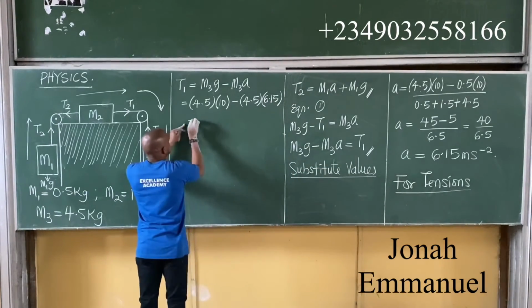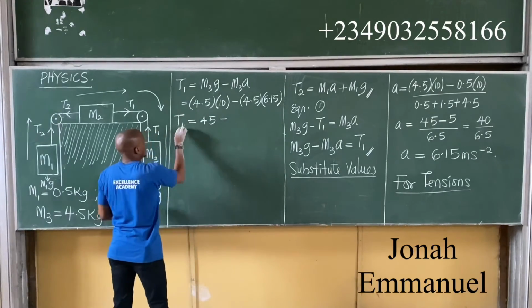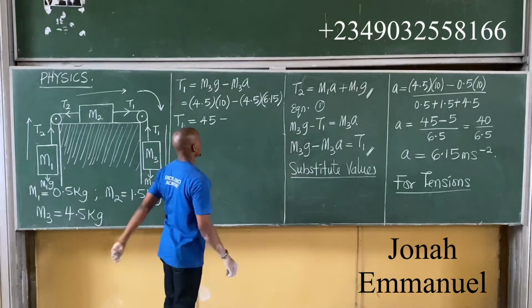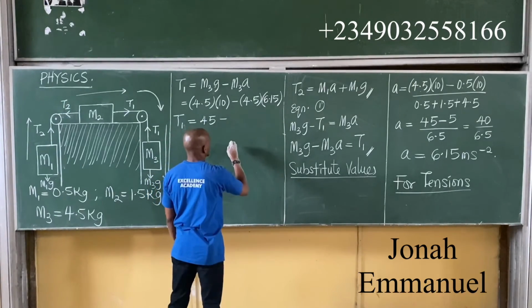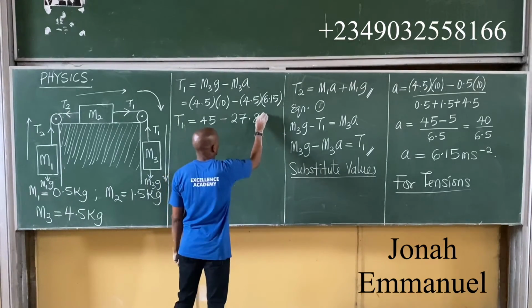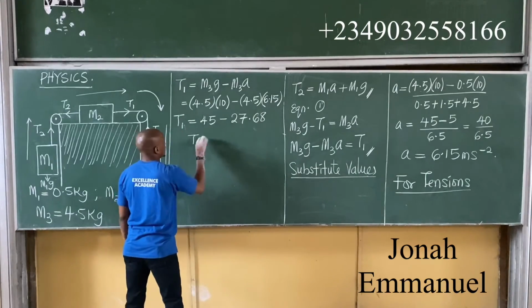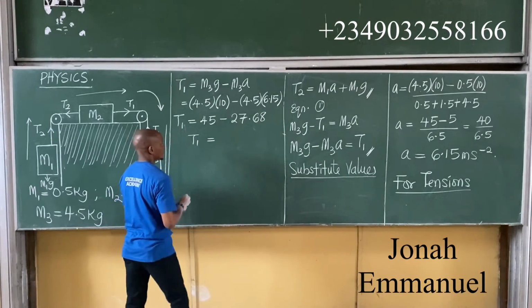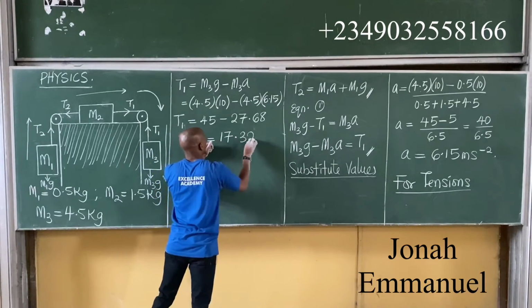If I multiply this, I'll have 45 minus, give me this value please. 0.68. Please subtract this. T1 is equal to what? 17.32 Newton.